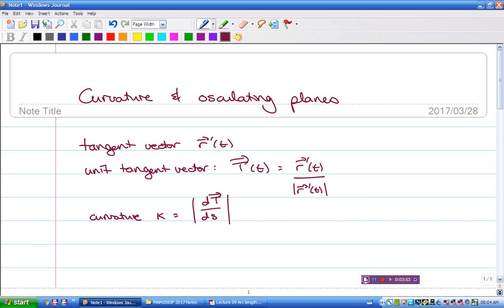So kappa, the curvature, is defined as the rate of change of the unit tangent vector, which encapsulates the directionality of the tangent, with respect to arc length.